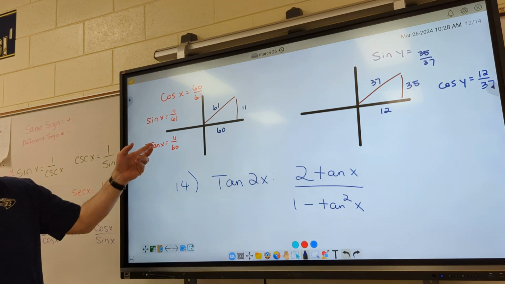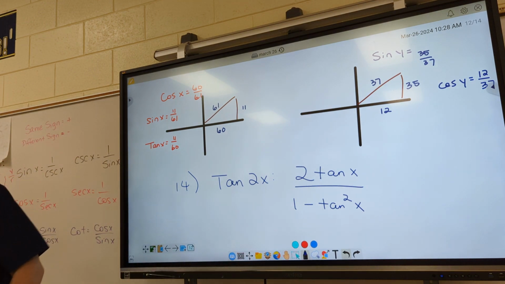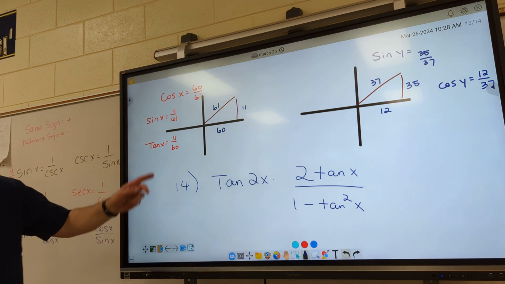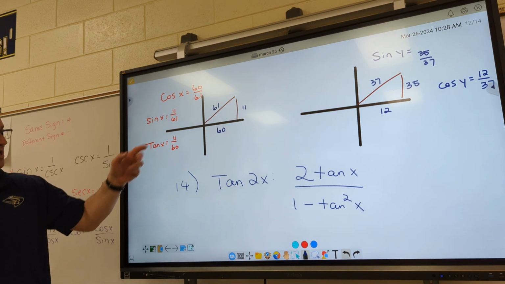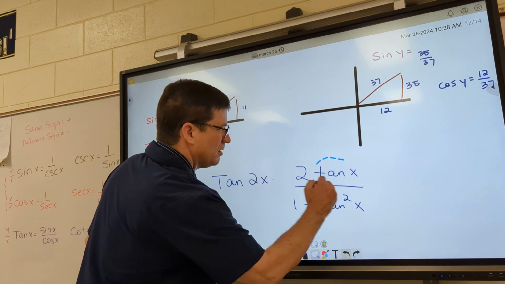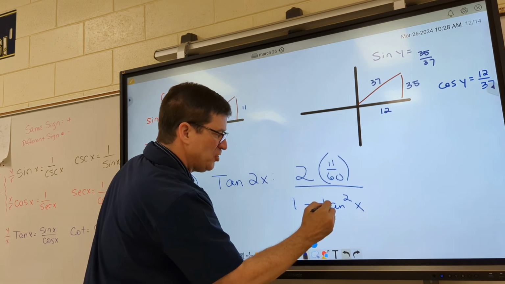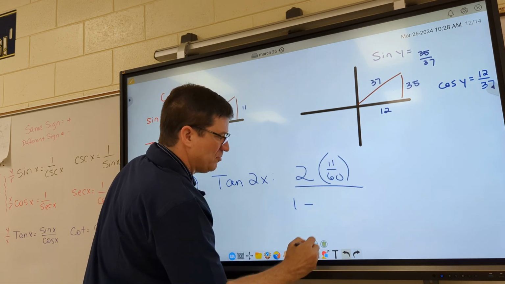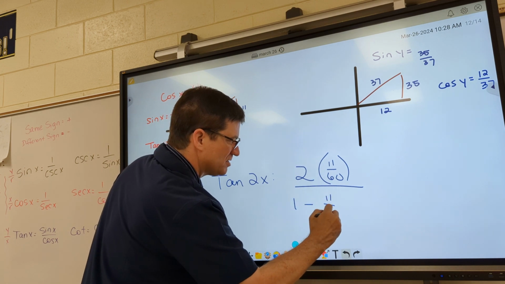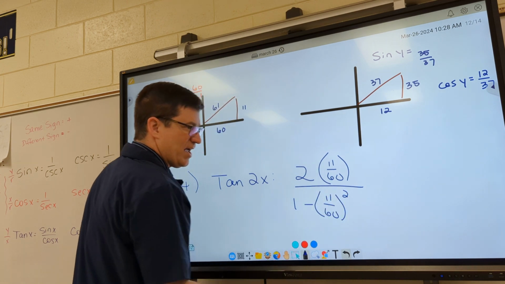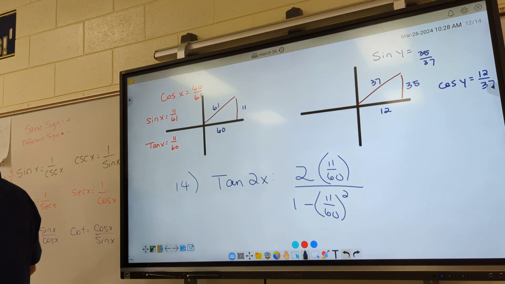You already have tangent of x. Tangent of x was your number 9. I just wrote it right here. So we take 11 over 60, plug it here, and plug it on the bottom, but on the bottom you have to square it, 11 over 60 squared. It's the same number, you just plug it in both places.